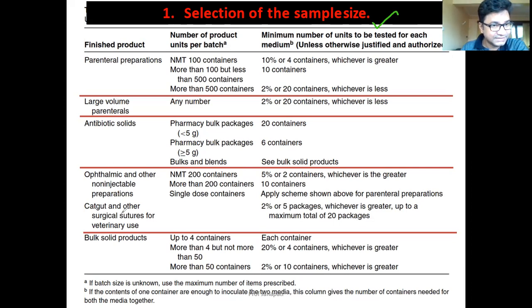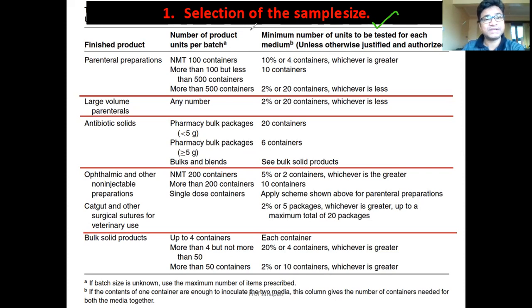If the batch contains not more than 100 containers, what is the minimum sample you need to take? 10% or 4 containers, whichever is greater. So if 100 samples are prepared, 10% means 10, that is greater. So you need to take 10 containers. That is what we are telling.